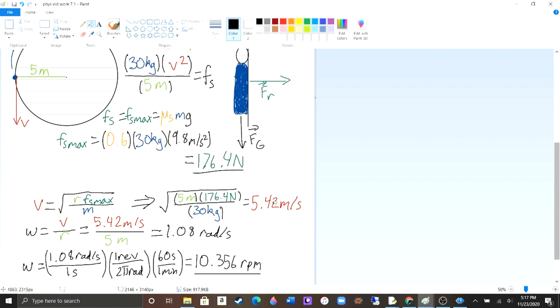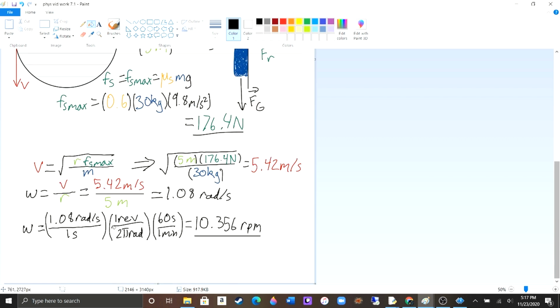So we have 5.42 meters per second divided by 5 meters equals 1.08 radians per second. Then we can convert that into RPM by multiplying by these conversion factors. This one tells us how many radians are in one revolution, and this one converts from seconds to minutes.